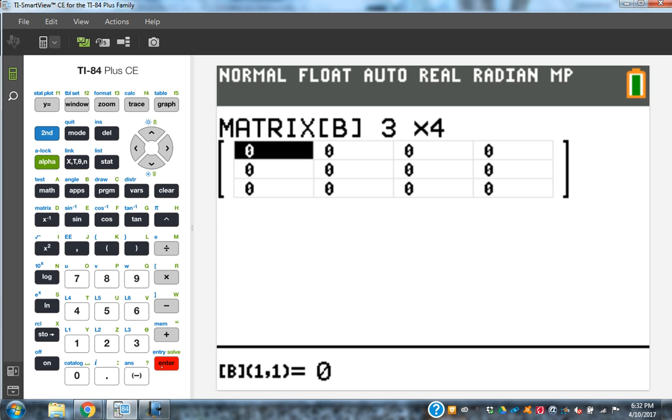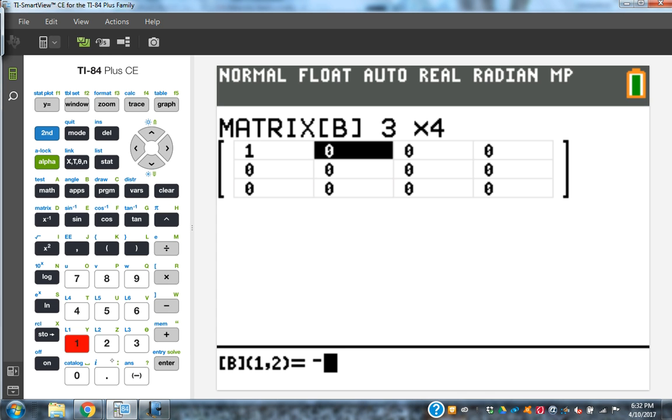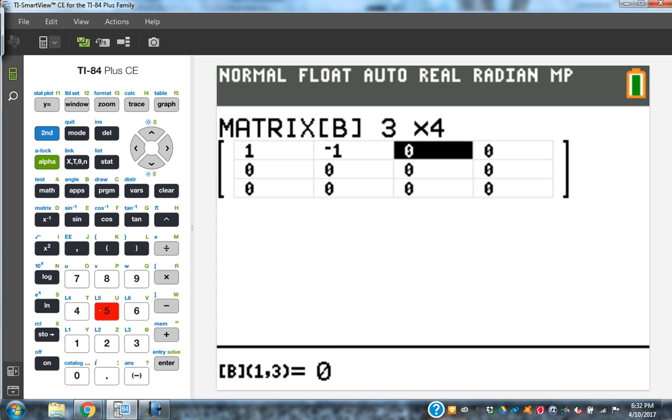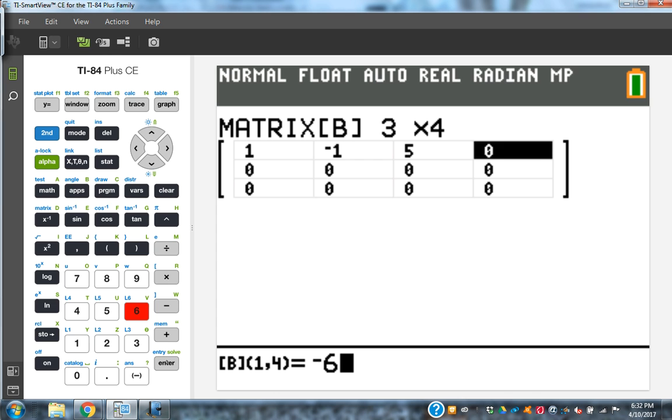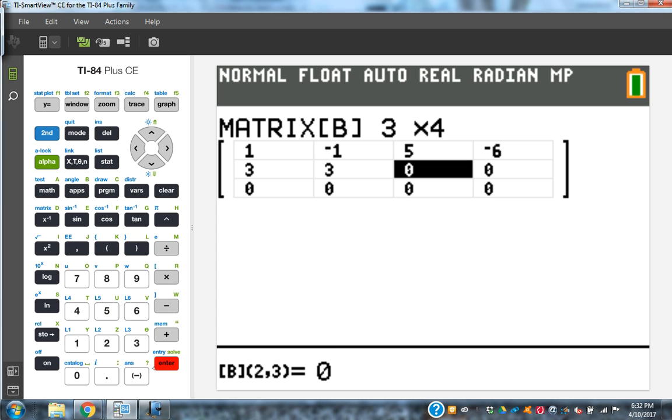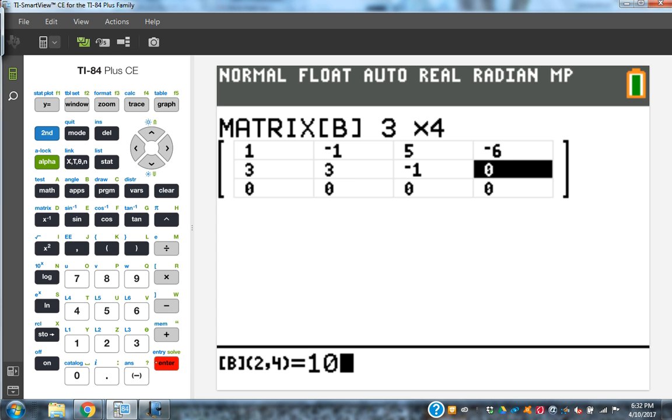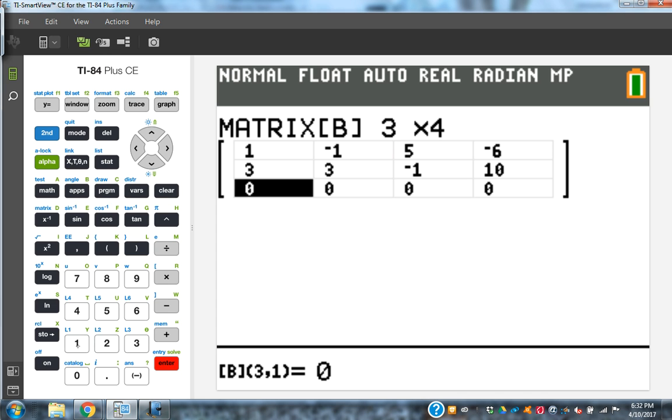So 1, -1, 5, -6, 3, 3, -1, 10, 1, 3, 2, 5.